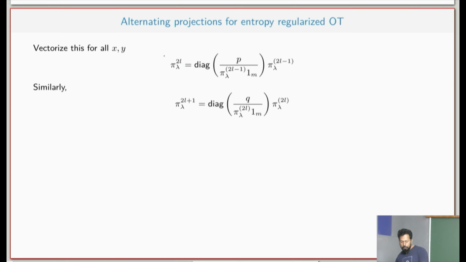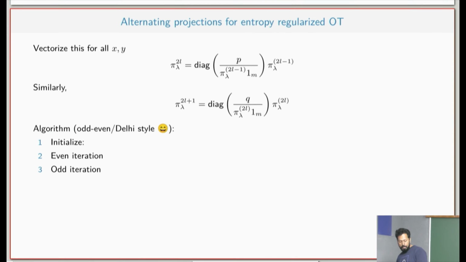Similarly for the odd iterations, the idea is similar, and the whole idea is now simple, right? You take pi 0, you calculate this pi 2L, you update this pi 2L plus 1. This algorithm is supposed to converge in the sense that the final pi star that you will get will be the optimal one.